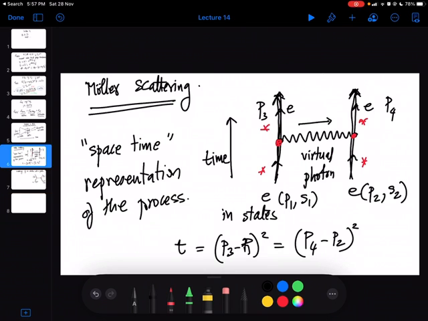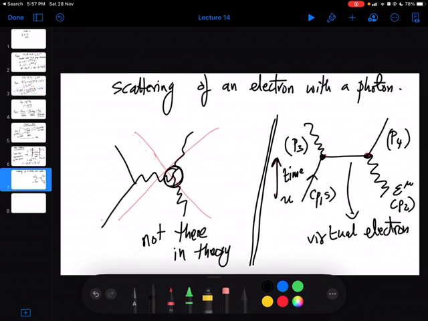In one case the photon is a virtual particle, and in the other case there is a scattering of the electron with a photon. This has a very famous name, called the Compton effect. So here the virtual particle is an electron.